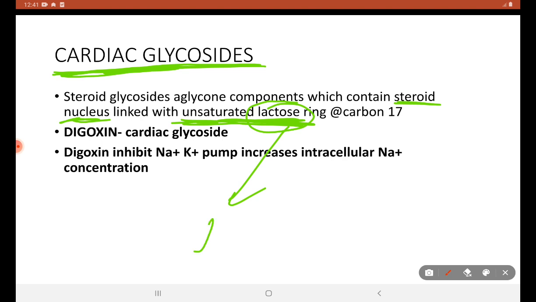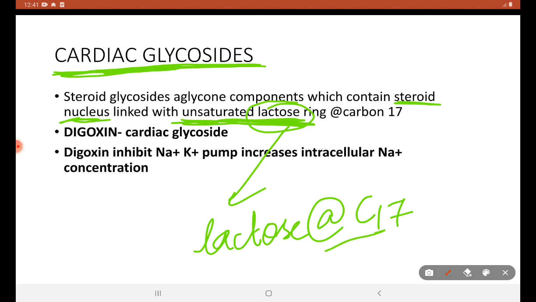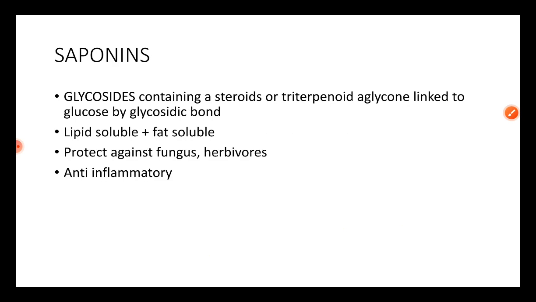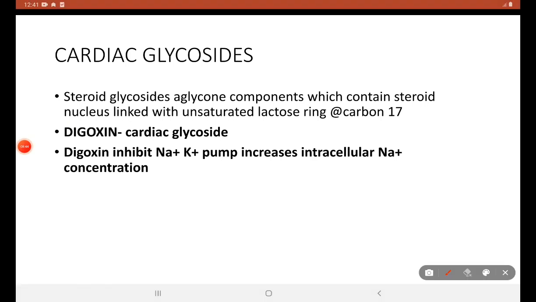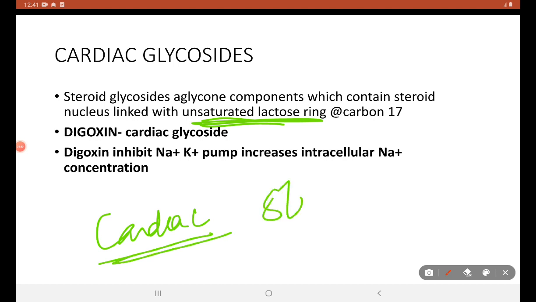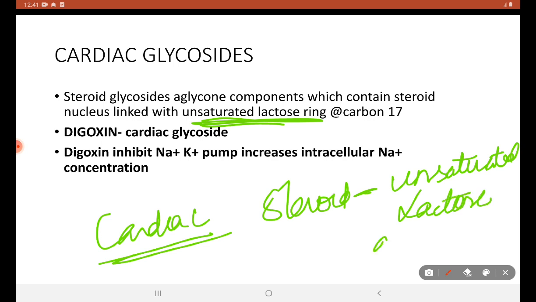This is important: at the 17th carbon of the steroid compound, they are linked with an unsaturated lactone. For example, digitoxin. It inhibits the sodium-potassium pump.